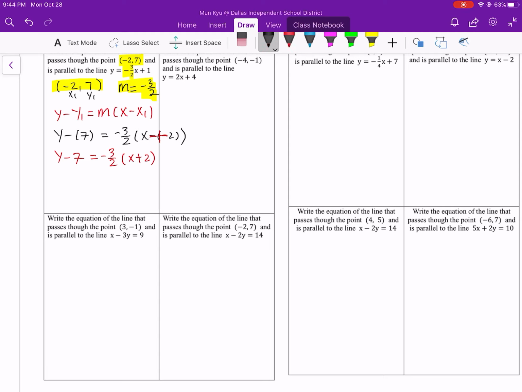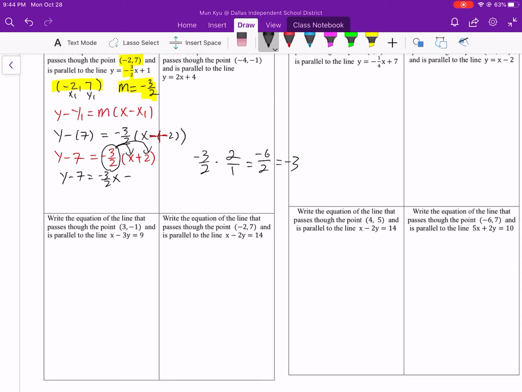But unfortunately, our slope is negative. So if we distribute, -3/2 times x is -3/2x. But here, let's make a side note: -3/2 times +2. If you simplify, this becomes -3, just like that.